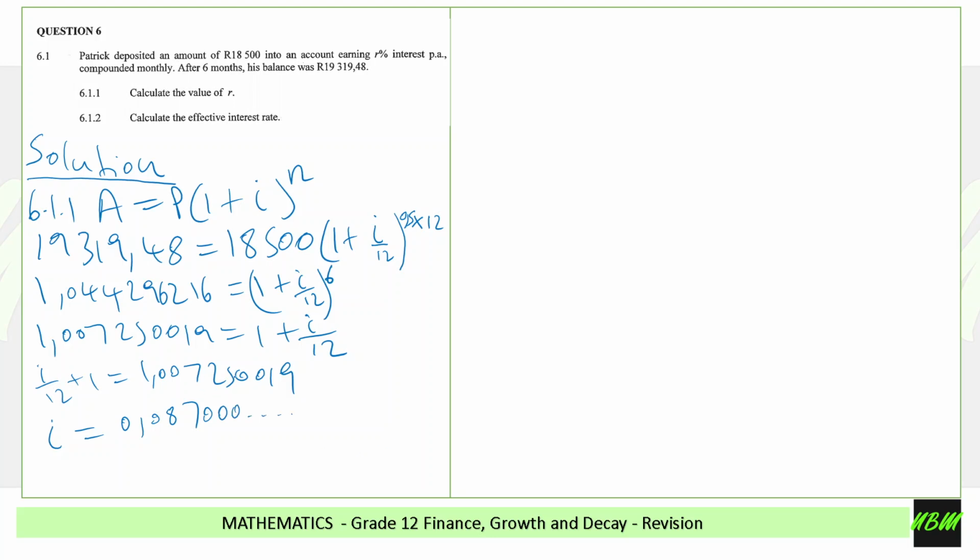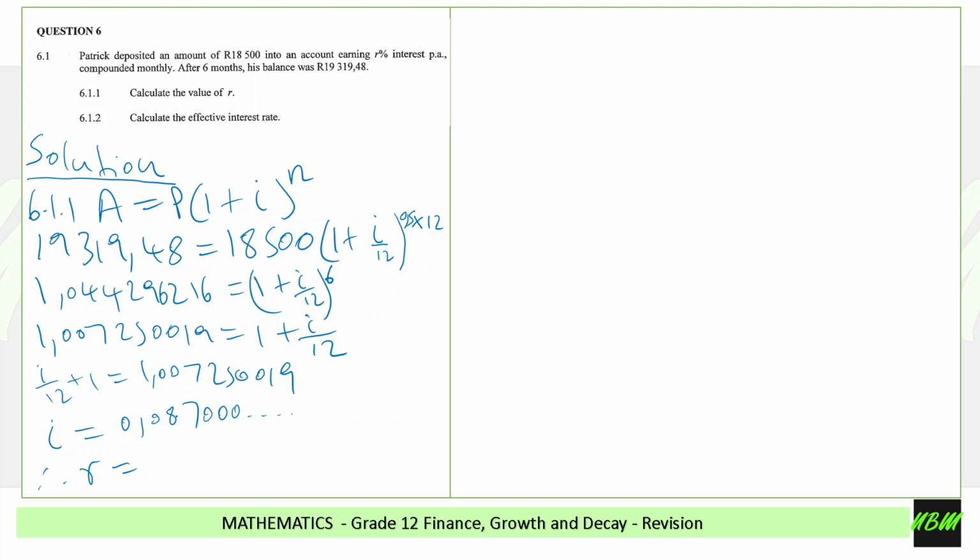Remember, we always round off the final answer in finance. Therefore, what will be R? R will be equal to i multiplied by 100. Remember, i is the interest in decimal form. So to write it in percentage form, we need to multiply i by 100.